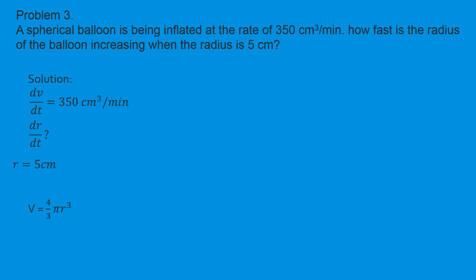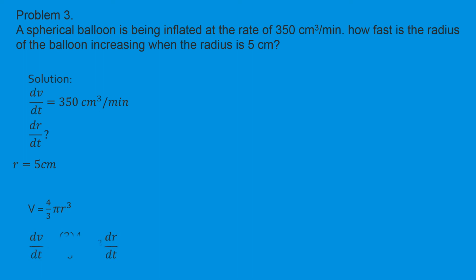When we derive this given equation for V, that is dV over dt, then for 4/3 pi r cubed, when we get the derivative, we will be using the power rule, wherein the exponent will be multiplied to its base, then the exponent will also be subtracted by 1. Then after deriving, we will also write down dr over dt, so that we can identify this given quantity as being asked in the problem.